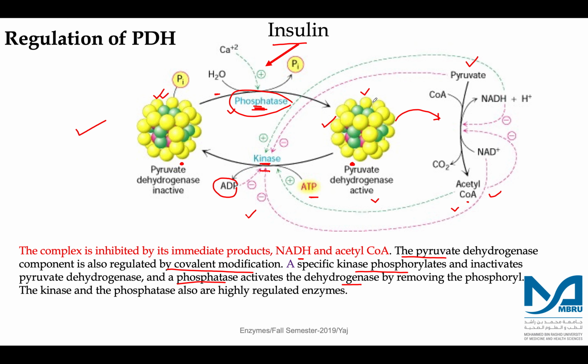And by doing so, insulin helps in the quick metabolism of glucose, which lowers the concentration of glucose in the blood. So anything that lowers the concentration of glucose in the blood will be favored by insulin.